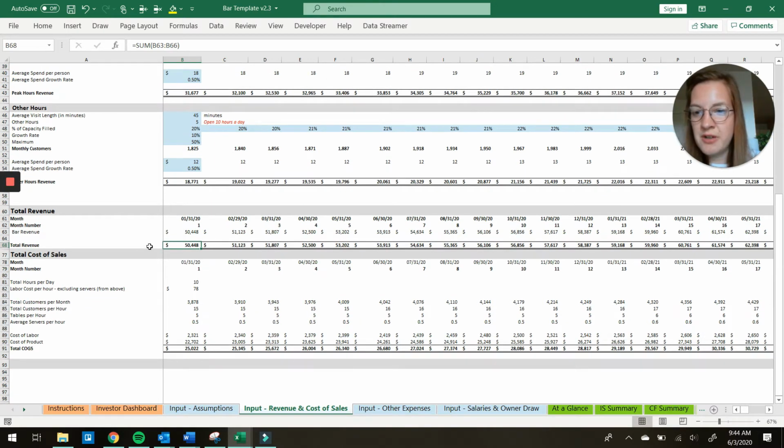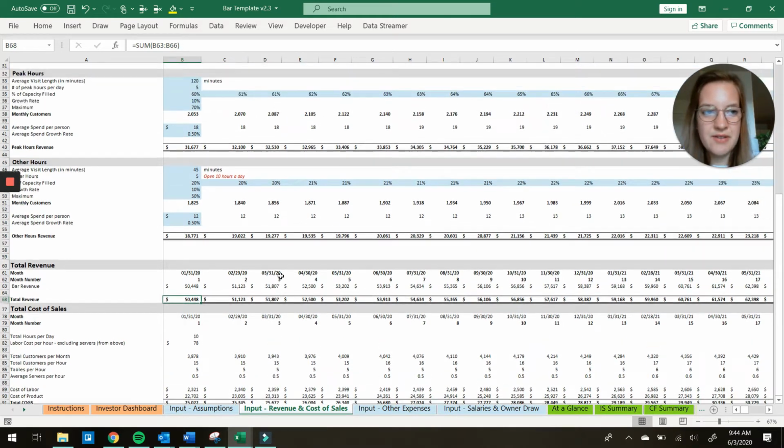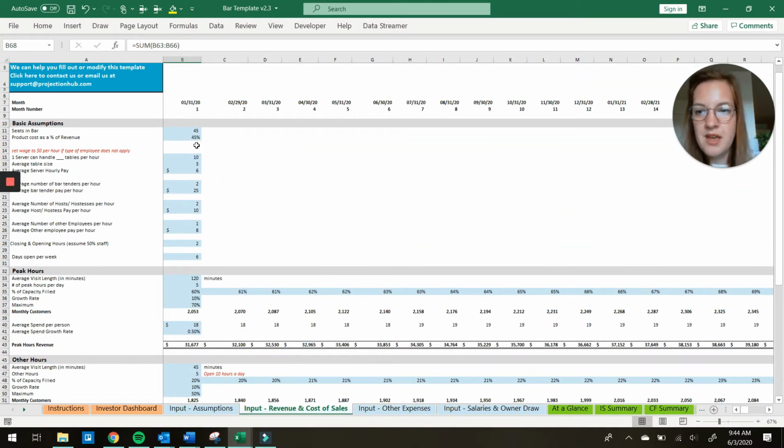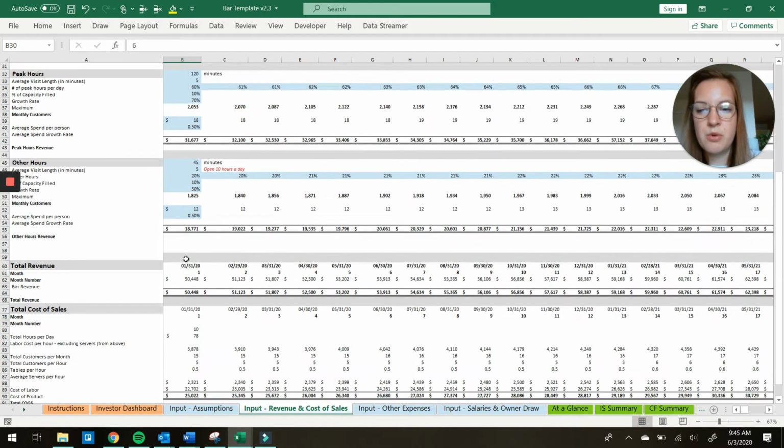After revenue, we're going to calculate the total cost of sales. This is calculating wholly on its own based on the information you provide at the top here. At the top, you're going to be providing information about servers, bartenders, hosts and hostesses, and other employees. These would be the direct employees, direct labor. And then we also calculated in some closing and opening hours for every day and the number of days open per week.